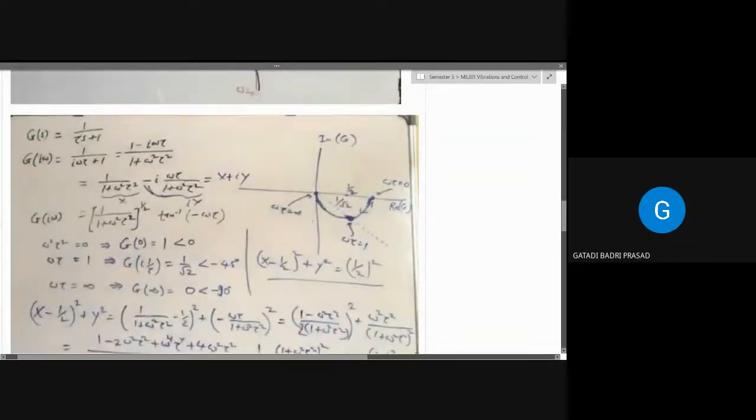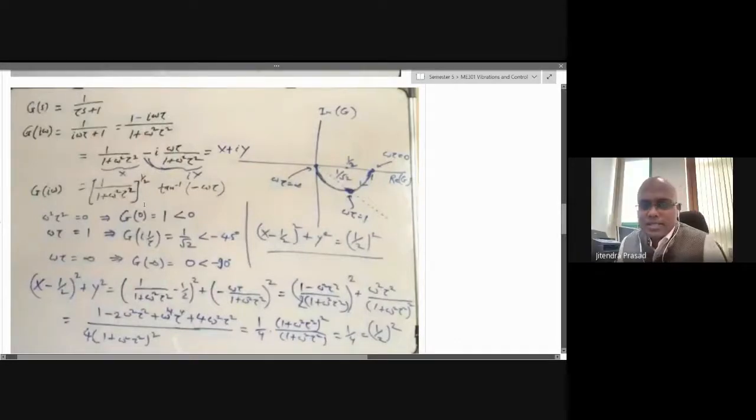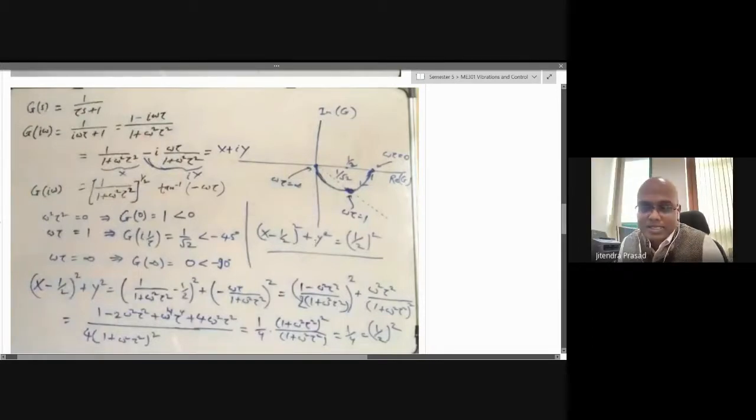Sir, here in this example, you have drawn this plot, right? Okay. Is my screen visible, sir? I think you are asking from chapter number 3, sir. No, chapter number 7 you are.